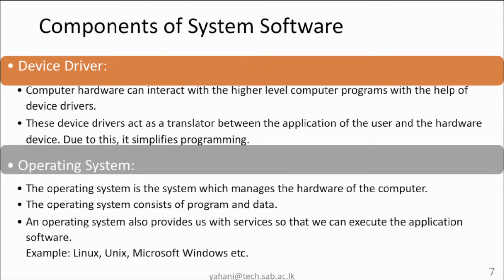We don't have any user interface. So it's hard to use without an operating system. We can use it, but it's very hard. We have to give them instructions in machine language. Okay, so that's the operating system.